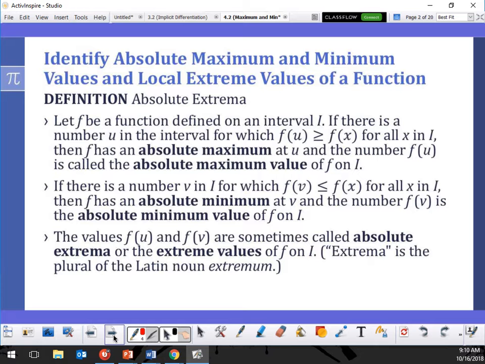So basically, if that's the highest point, it's the absolute maximum. At u, the number f of u is called the absolute maximum value of f on I, the interval we're talking about.